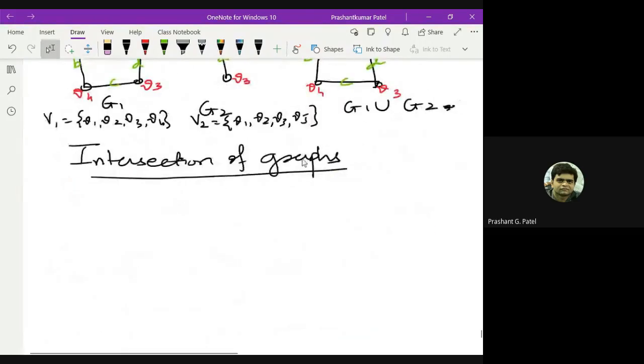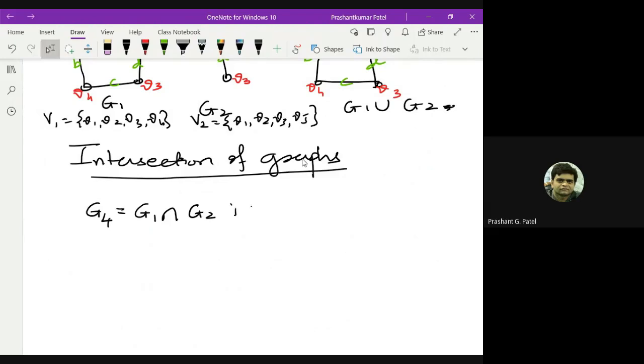If you want to say that G4 is a graph that is the intersection of G1 and G2, it's denoted as G1 intersection G2. It is the graph consisting of those vertices and edges that are in both G1 and G2.